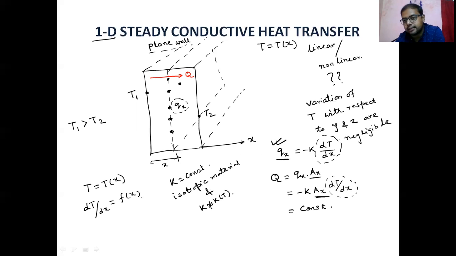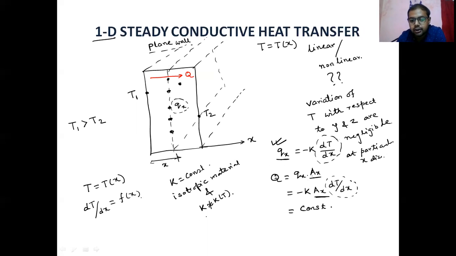So k is a constant. dT/dx is also constant at a particular x distance, so Qx is a constant. As it is a plane wall, Ax is also constant. So entire Q is a constant.